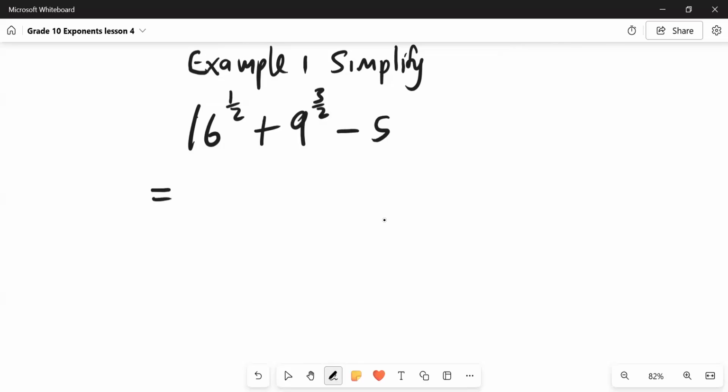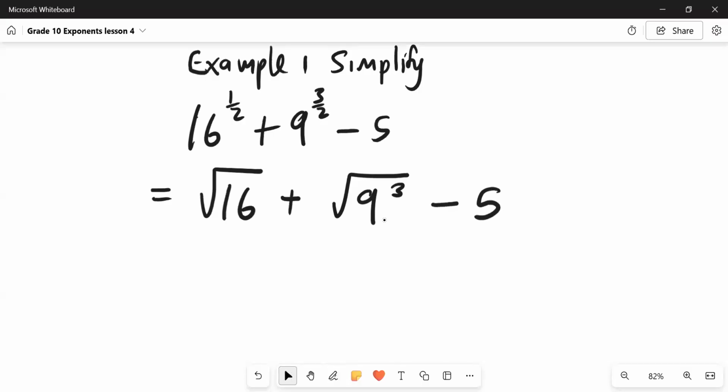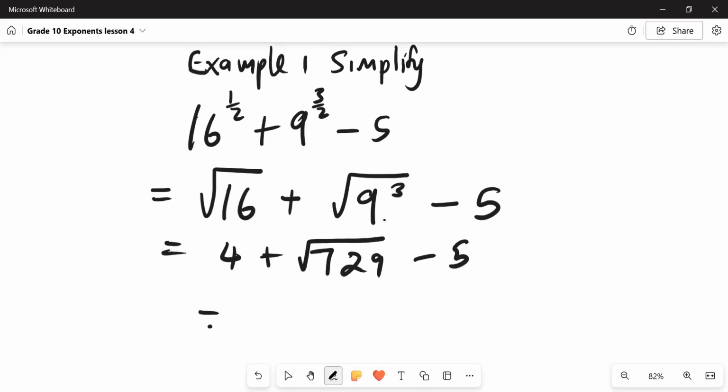The first thing you have to do: this is the same as square root of 16 plus the same as 9 cubed, and then there's a root, and minus 5. So we use rational exponents law 1 and law 2. The square root of 16 is just 4, plus the root of 729, minus 5. This will give us 4 plus 27 minus 5. Then the final answer is 26. We simplify just like that.